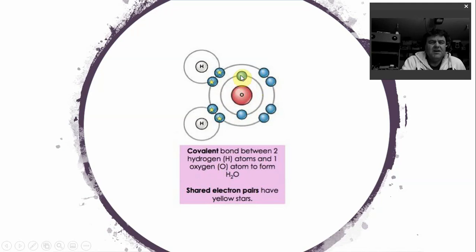The first shell can carry two, and the oxygen has a full two, so it has a second shell which can carry 8 electrons, but it actually only has 6. And then you have these hydrogen particles which have just one shell, and in fact just one electron.